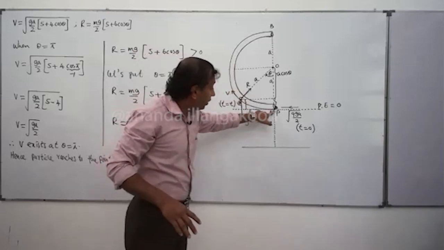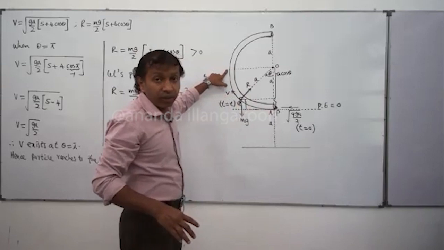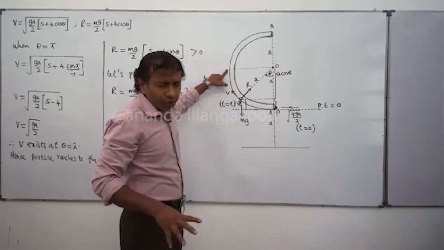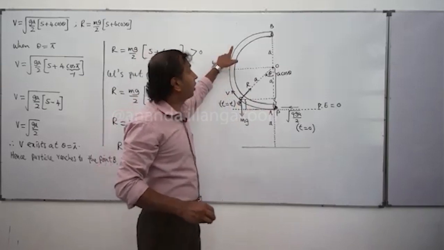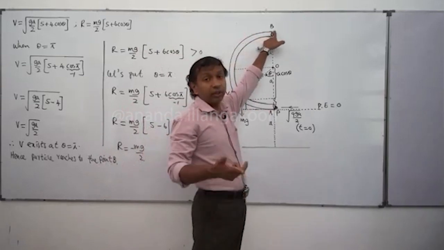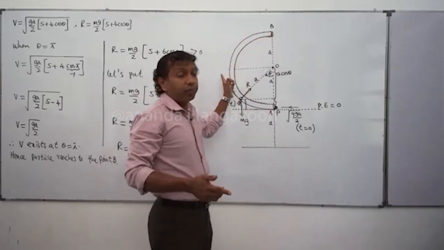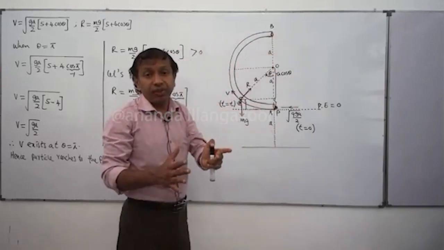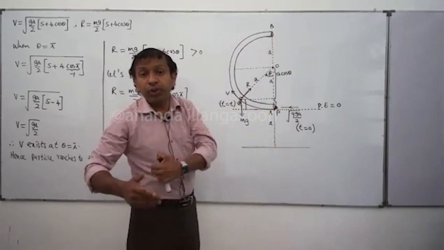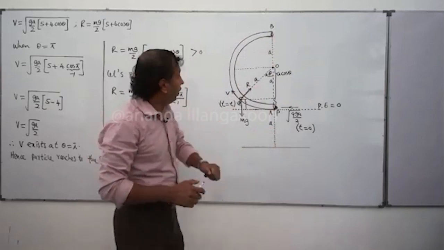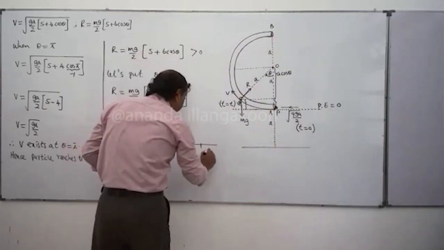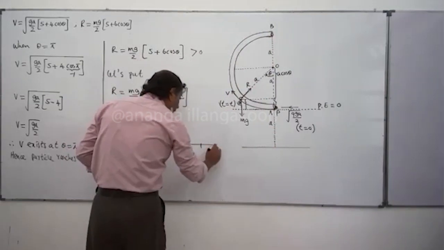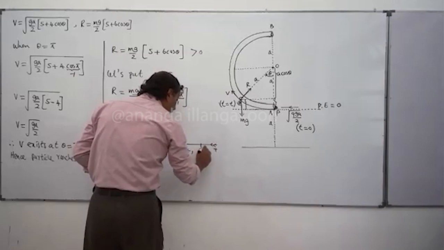Up to here R is positive; once it comes here, R is negative. Going from positive to negative, it must pass through 0.